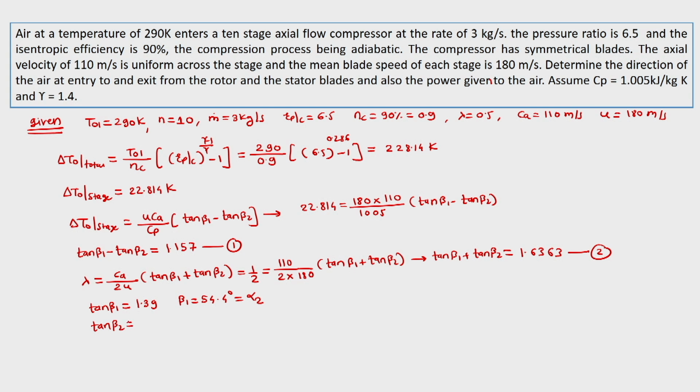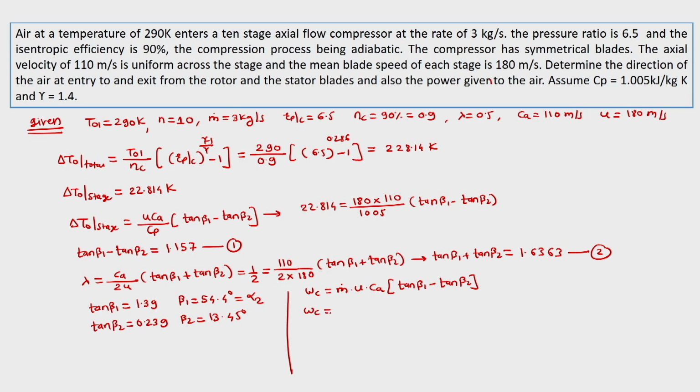and tan beta 2 is equal to 0.239, which gives beta 2 is equal to 13.45 degrees. Now we can find out compressor work. It is m dot into U into Ca into tan of beta 1 minus tan of beta 2. So we have tan of beta 1, we have now tan of beta 2.